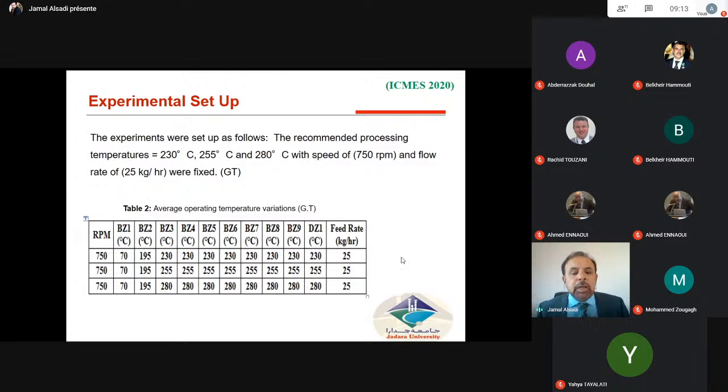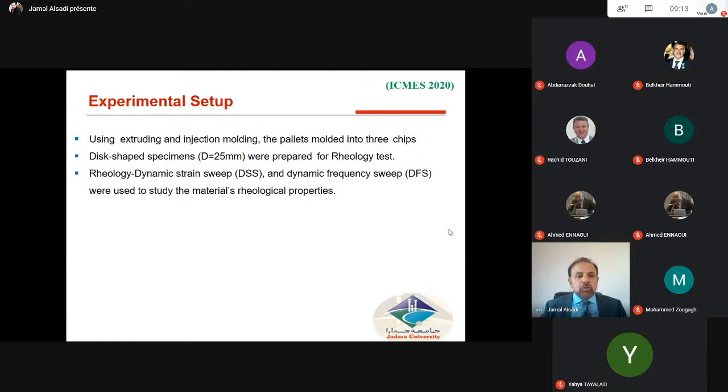Then we will get optimization, a high number of readings, and each sample should be characterized to see which processing parameter is more effective to get the better color. So basically, using the extruder and injection molding, this pellet should be molded in order to get the 3 shapes.